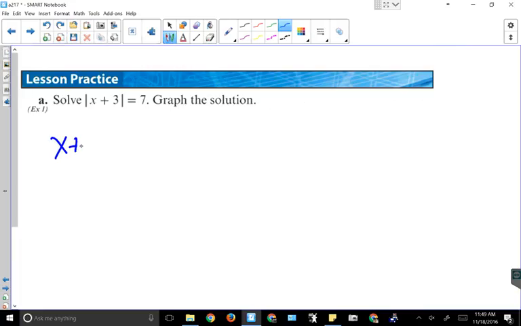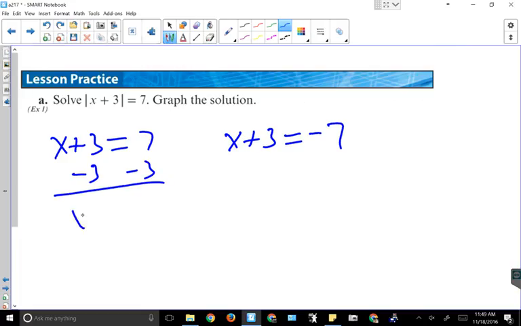x plus 3 should be equal to what? What should x plus 3 be equal to? And I should have x plus 3 also equal to what? Now we solve for each one. Subtract 3 here, subtract 3 here. x is going to be equal to 4.